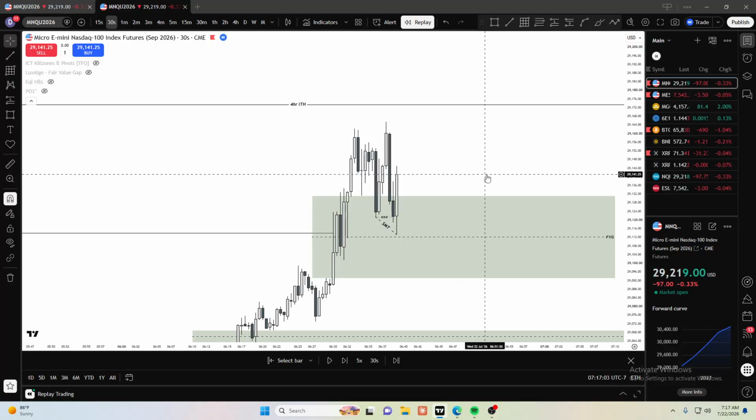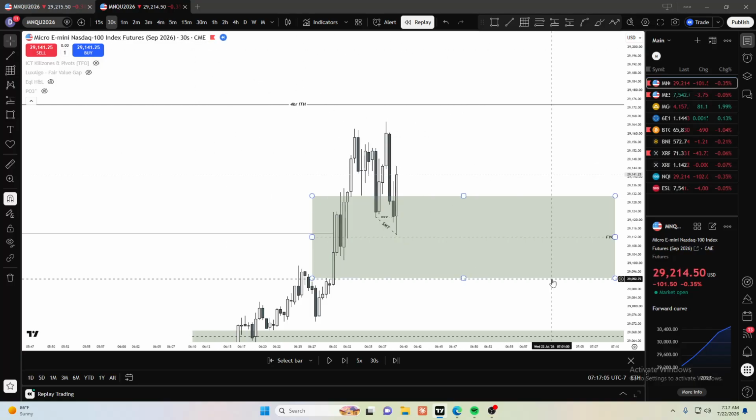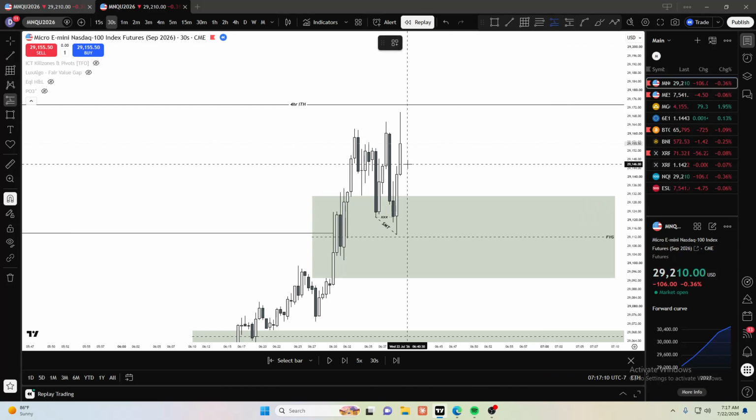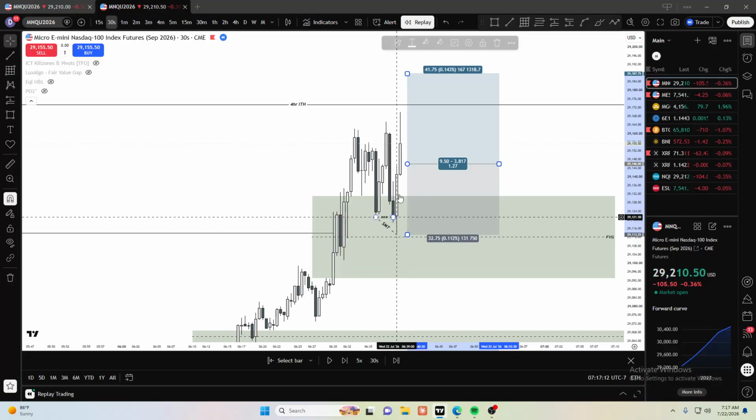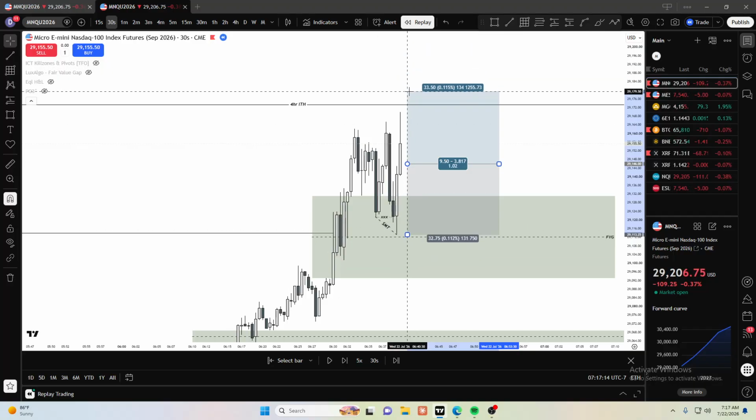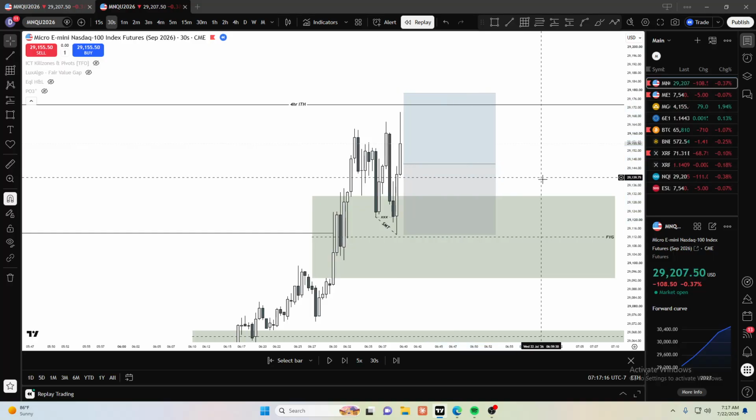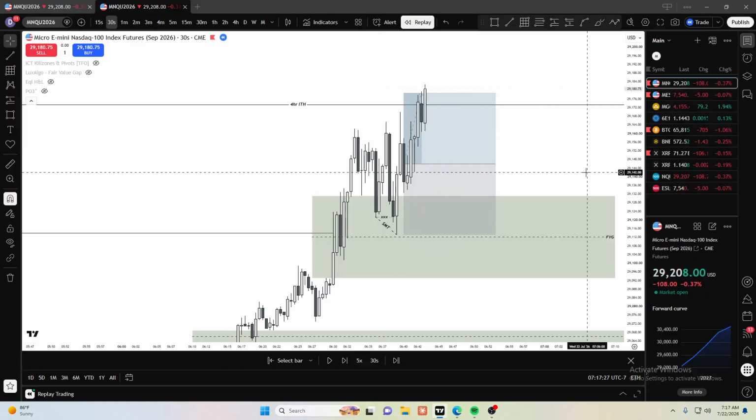This is everything good mechanically. I placed a limit order, so I got in right here. Liked how we generated that high, and held for a 1-to-1 right there.